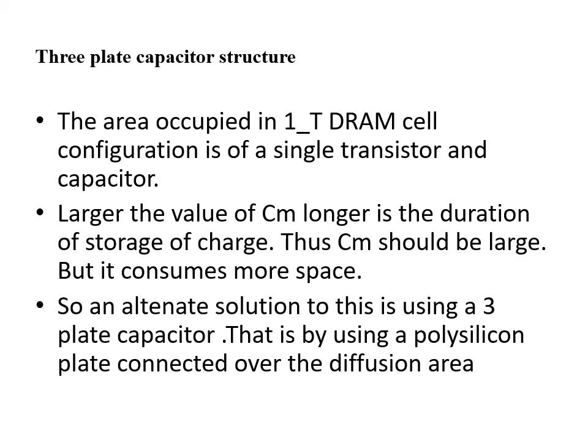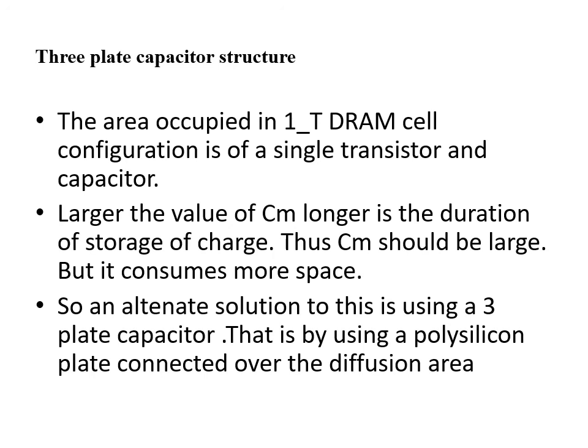One solution is to have a 3-plate capacitor structure. In a 3-plate capacitor structure, there is a polysilicon plate connected to VDD, and this is connected over the diffusion area. If we use the diffusion alone to substitute capacitance, a larger area will be required to give any significant value of capacitance.